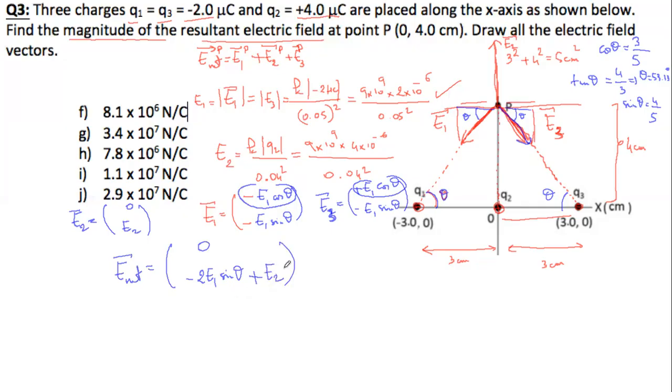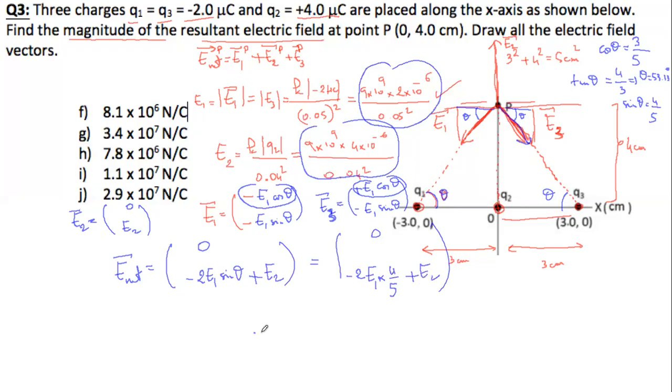So let's do the calculation. It's 0 along x, and along y, you have minus 2 times E1, which is this number here. And you can do the calculation. Sine theta, you all know sine theta. Sine theta is sine 53.13 degrees, or you can just say sine theta is 4 divided by 5, plus E2, and you can do the calculation.